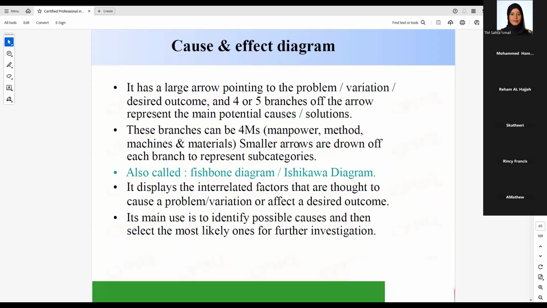Usually you pinpoint the problem or the variations in the desired outcome, and then you add 4 to 5 branches of the arrow. Sometimes you can use the 4 M's, like manpower, method, machine, and material. And sometimes you can use your own categorization of the major reasons. Then smaller arrows show the different branches and the different reasons for why an incident has happened.